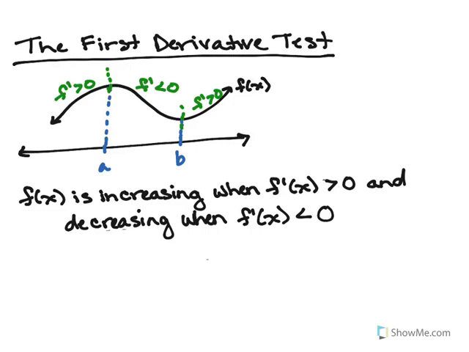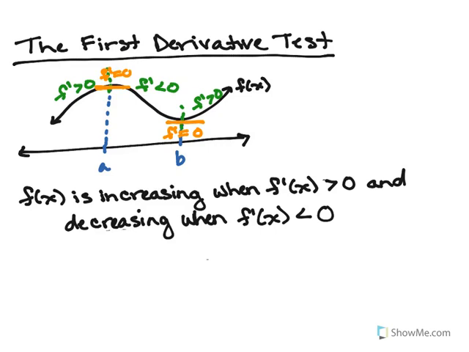At A and at B, we have horizontal tangent lines. So what's the derivative there? 0. So here I have f prime equals 0, f prime equals 0, and what do we know about f prime equals 0? That's where we have critical points, right? So in this case, when it equals 0, it resulted in relative maxes and mins.